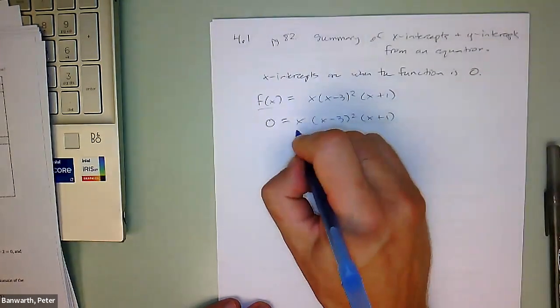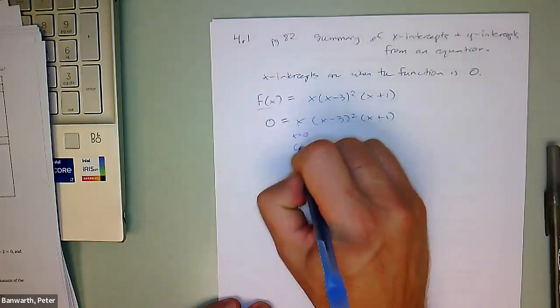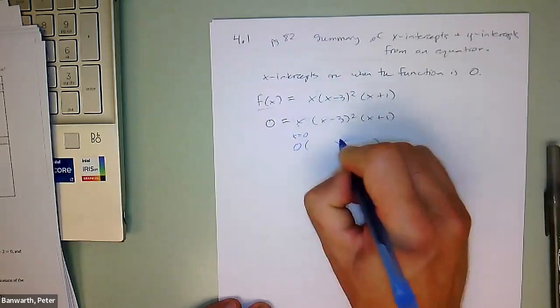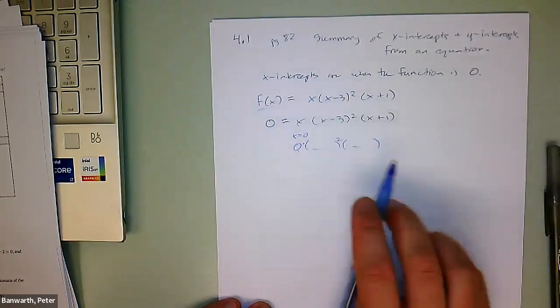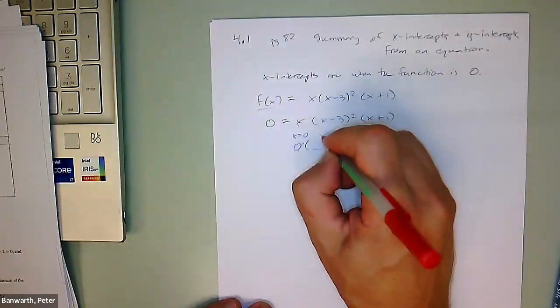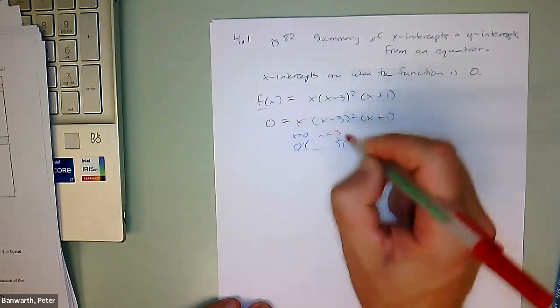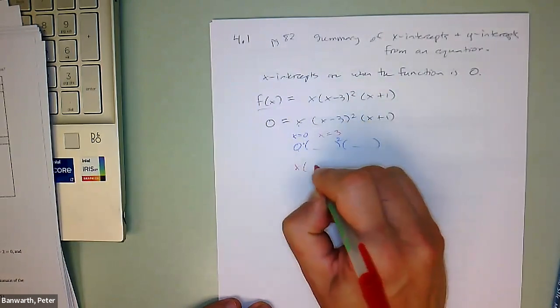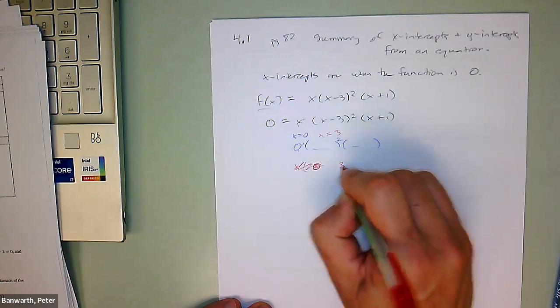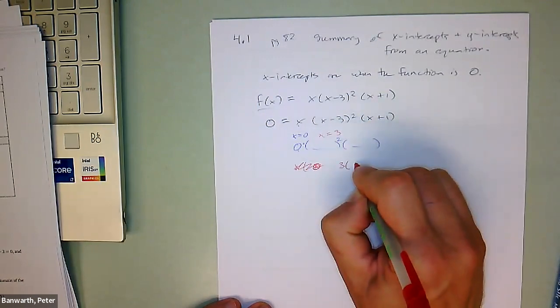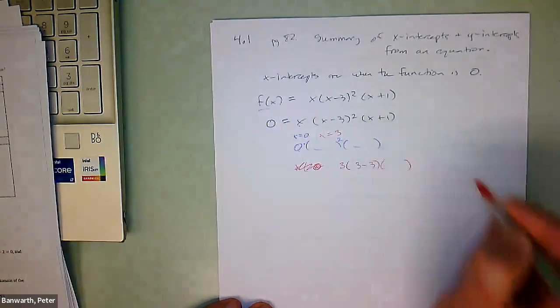In this case, if x is 0, then that becomes 0. These terms aren't 0, but I don't care, because anything times 0 is 0. If x is 3, then you have 3 in front, and then you have 3 minus 3, and you have some other stuff.